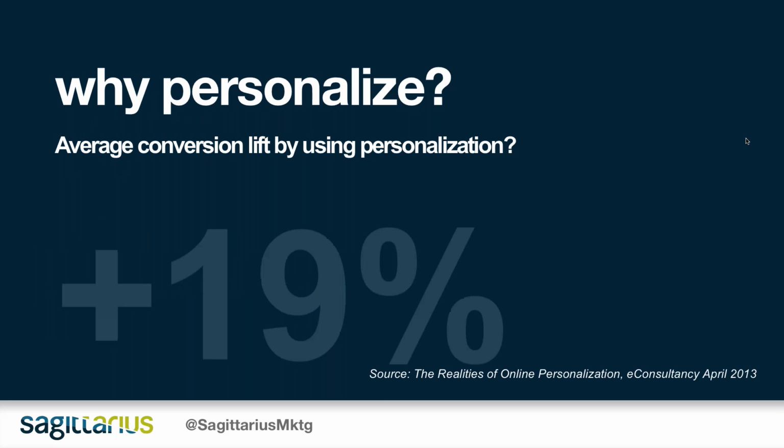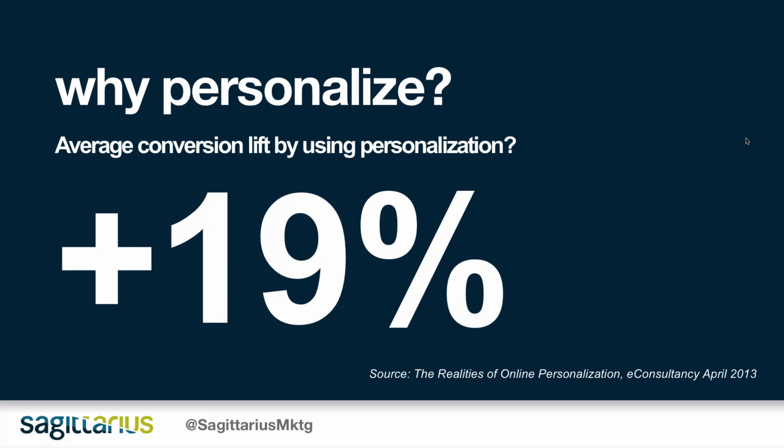And why you should personalise, to be honest, this figure highlights why. There's 19%, and Sitecore actually say that they often see more than 19% if a personalisation strategy is implemented correctly. And it's not really that difficult to do.